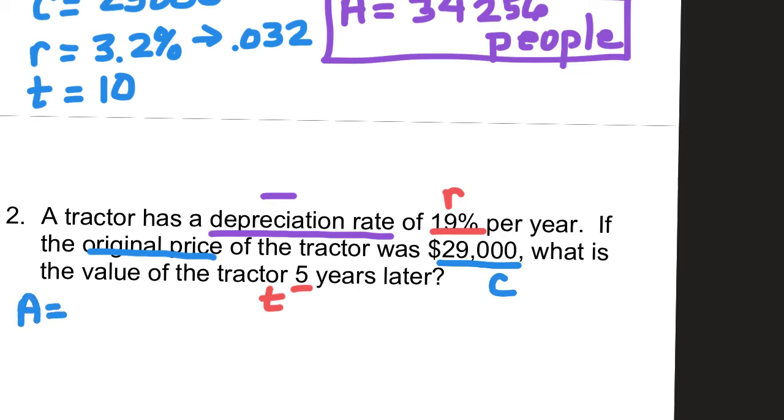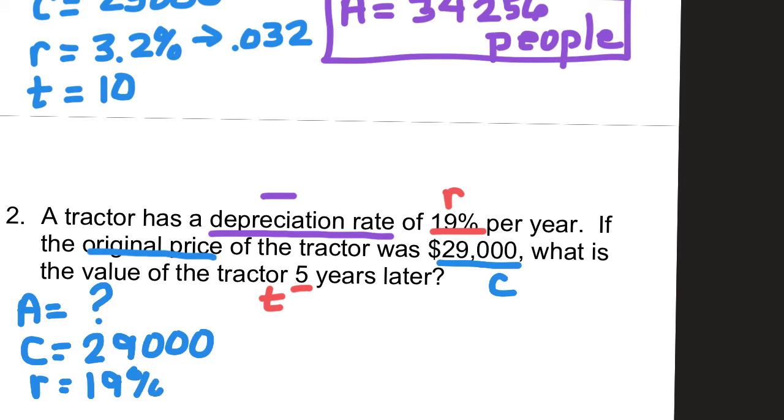So let's begin with our variables. We're looking for the A. Our C is 29,000. Our R is the rate, which is 19%. We'll change that to a decimal to be 0.19.